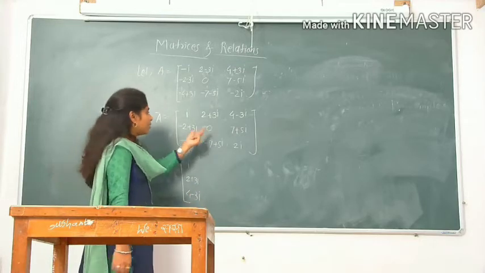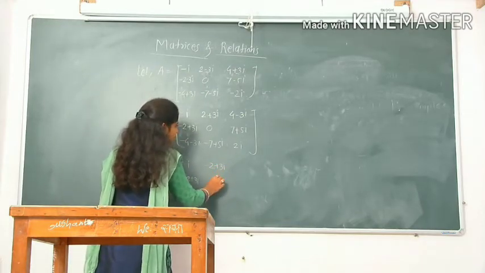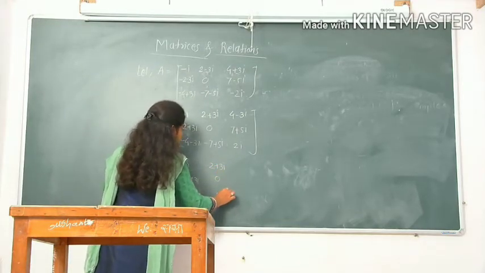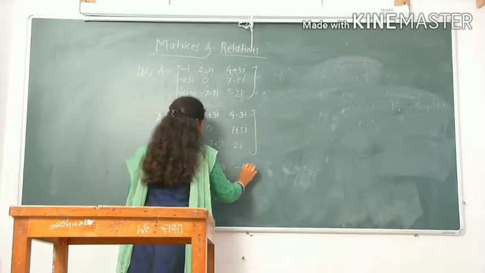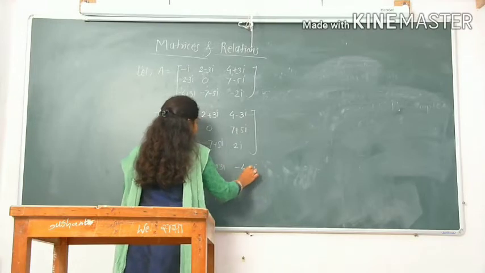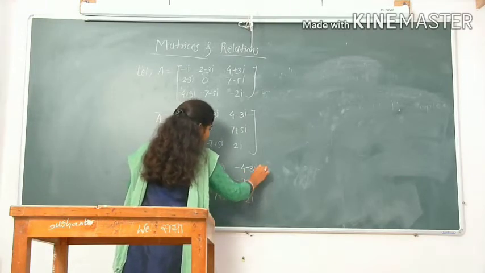Next we take the second row as the second column: minus 2 plus 3i, 0, 7 plus 5i, and take the third row as the third column: minus 4 minus 3i, minus 7 plus 5i, 2i.